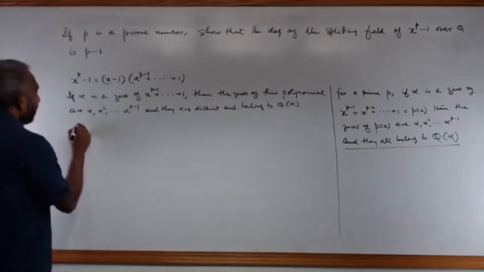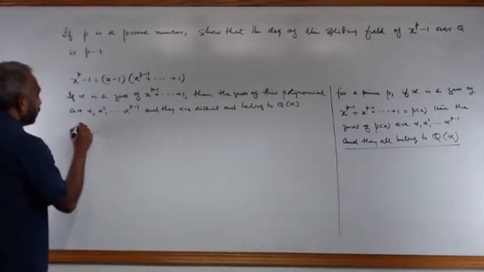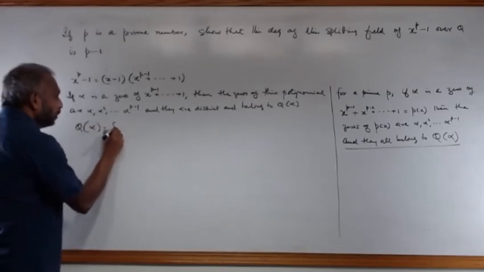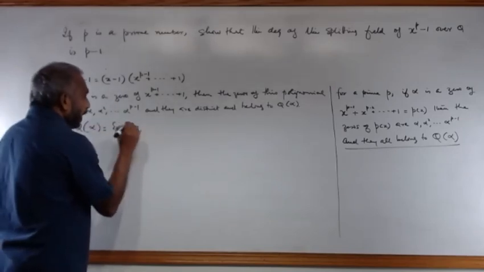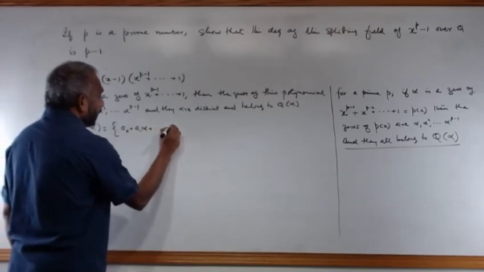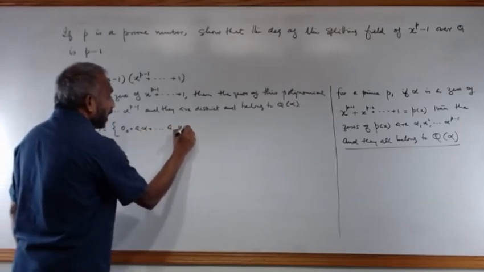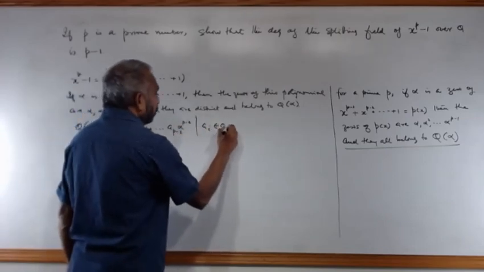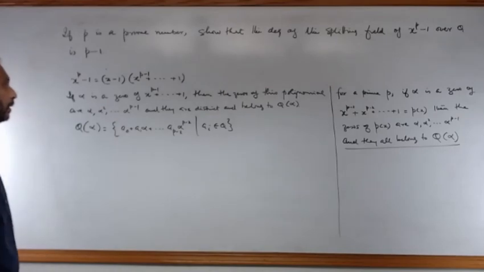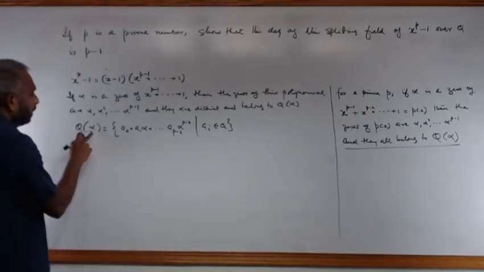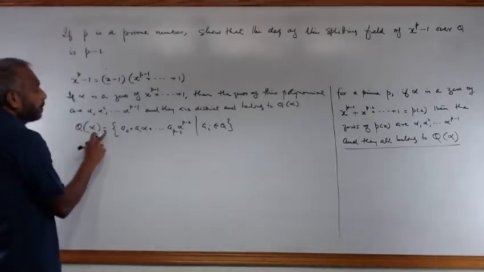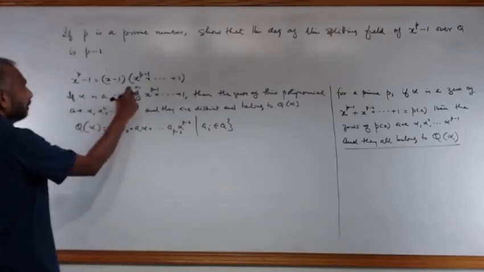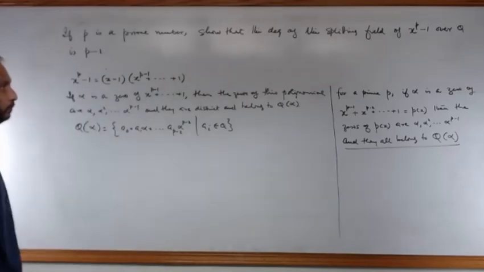Actually Q of alpha is equal to a0 plus a1 alpha plus through a p minus 2 alpha to the power of p minus 2, with a i belonging to Q, because it contains the polynomials in alpha whose degree is less than the degree of this irreducible polynomial.